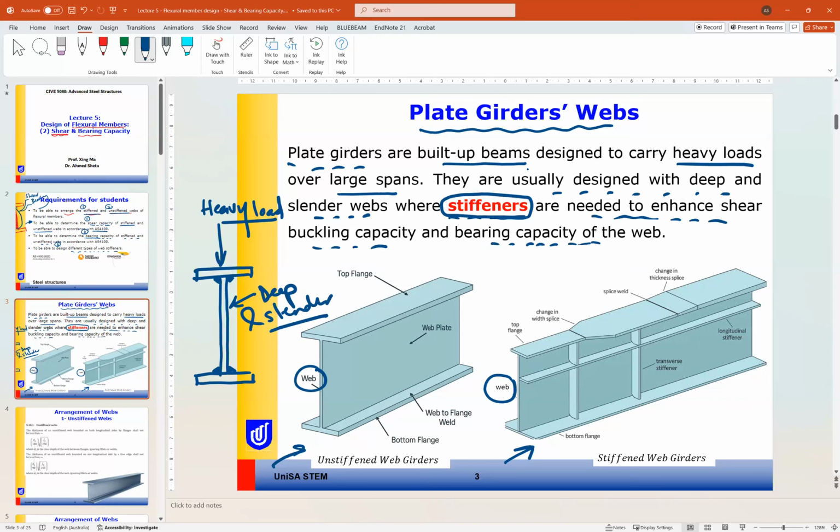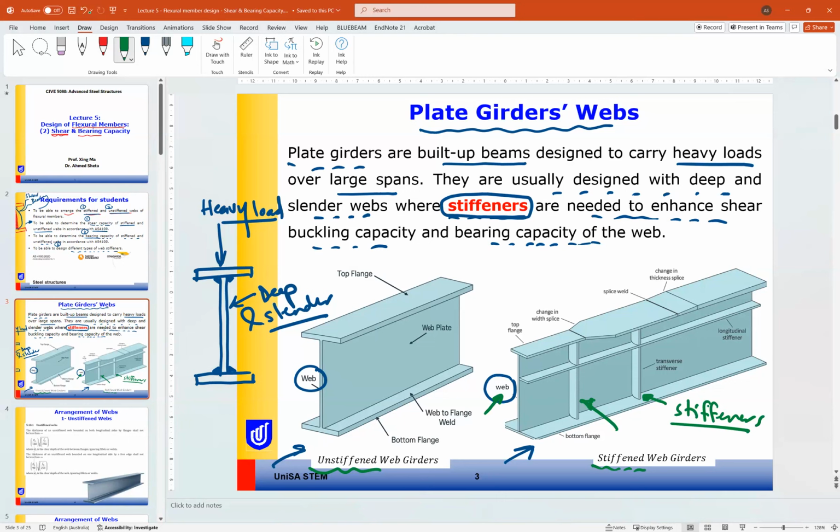Let's look at the one on the left. It is an unstiffened web, so the web stands alone without any stiffener or any support. If we look at the one to the right, the stiffened web, again we have a slender web, but we have supported the web with some stiffeners. We have two types of stiffeners.